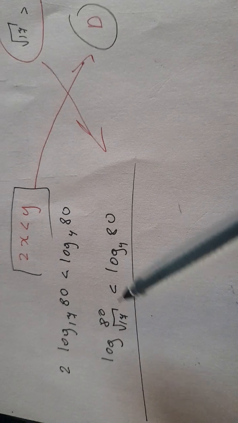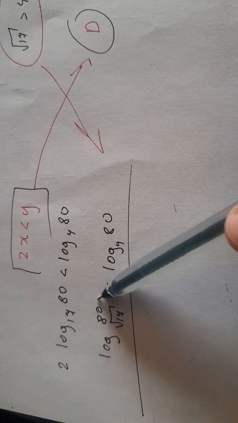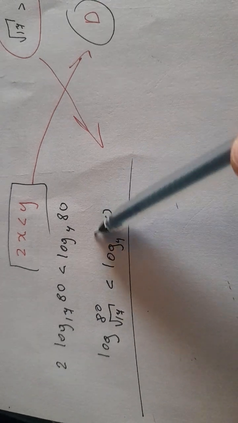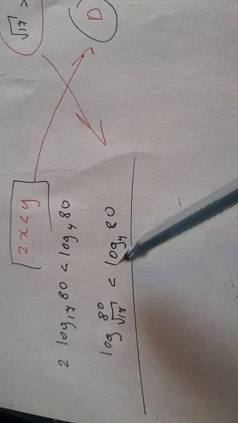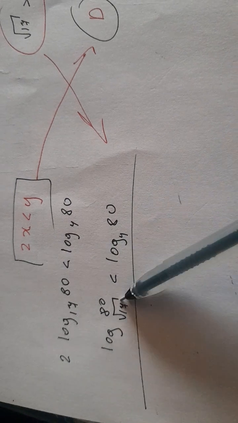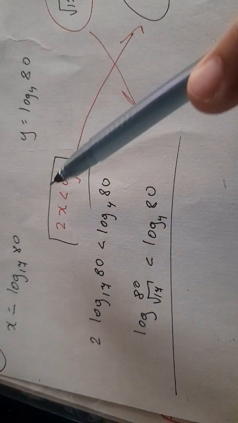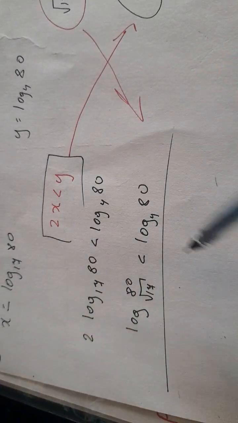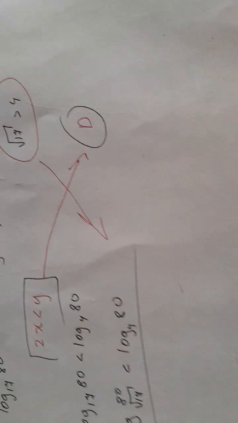If the base is higher but the product is the same, it means that this is higher than this. So even if x is 2 times more, it cannot be greater than this. So the correct answer is D.